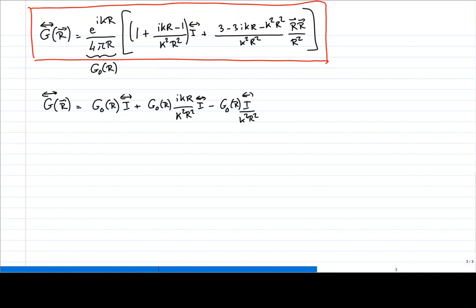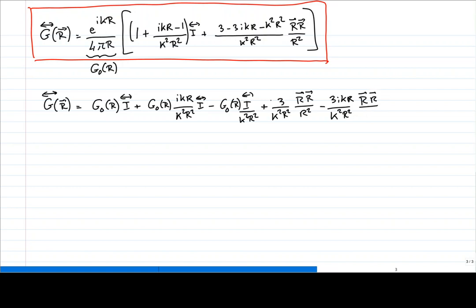And then we start developing the second term. We're just going to break down every single element. So we have the 3 over k²r² times the outer product of r with itself over r². And we have negative 3ikr over k²r² times the outer product.